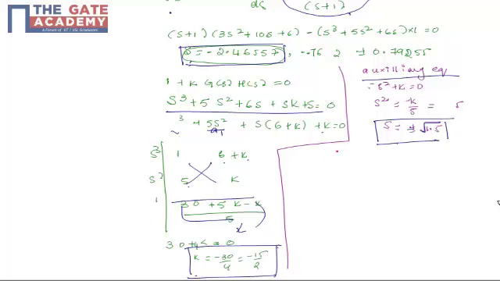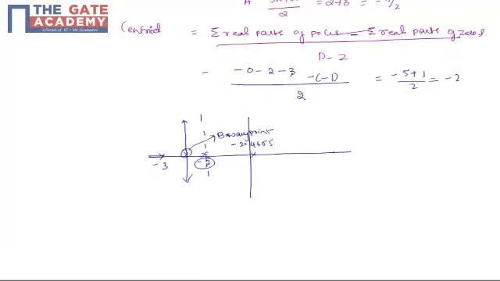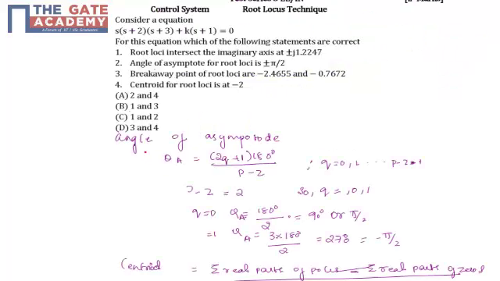So the angle of asymptote can be obtained by theta is equal to 2q plus 1 by p minus z, that is, 2q plus 1 into 180 degrees by p minus z. Q is nothing but the value 0, 1.